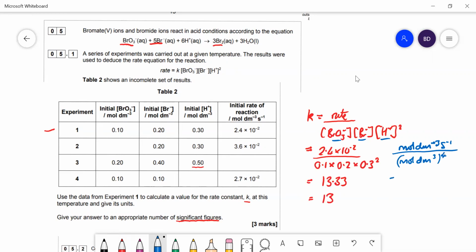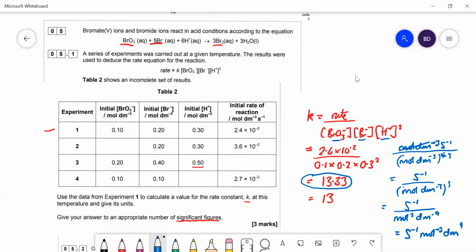One of those is going to cancel out, so that's seconds to the minus 1 over mole cubed dm to the minus 9. Put that all on the top line, so change the signs: seconds to the minus 1, mole to the minus 3, dm to the power of 9. That's the units there. We are probably going to use this value of K later on, so I'll just circle that.